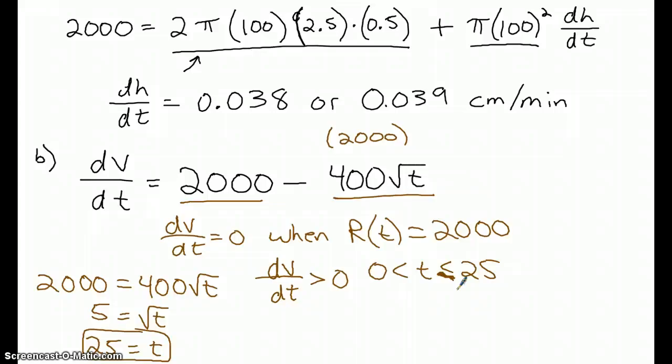We also know that if t is 26 minutes, we're going to find that this number here, if we plug in 26, is going to put us bigger than 2,000. So that means 2,000 minus something bigger than 2,000 is going to be negative.